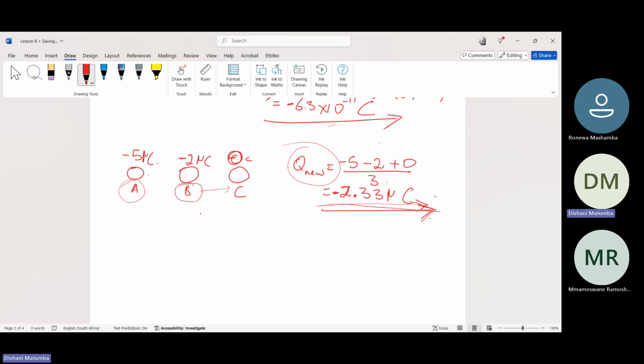Okay, you can see that initially we had 2 on sphere B. You agree? Yes, sir. And then after contact, we had negative 2.33. Did we get an addition of electrons or a subtraction of electrons?